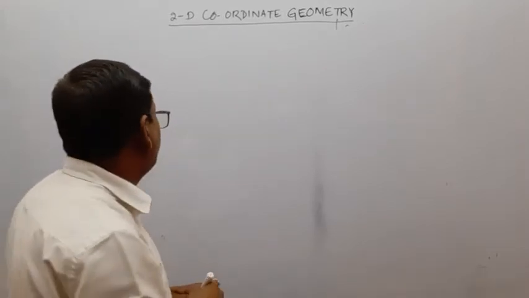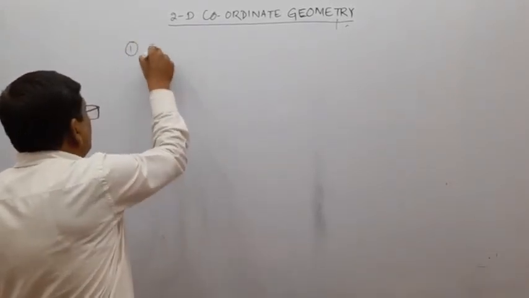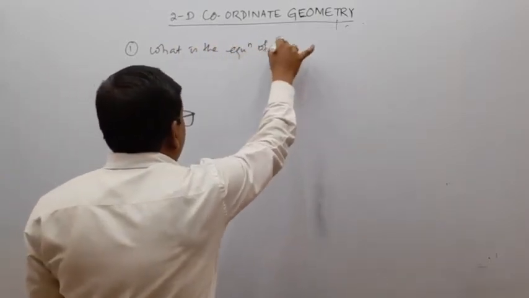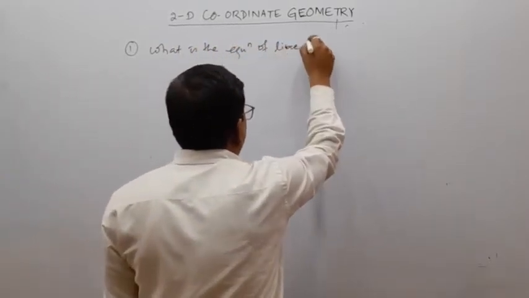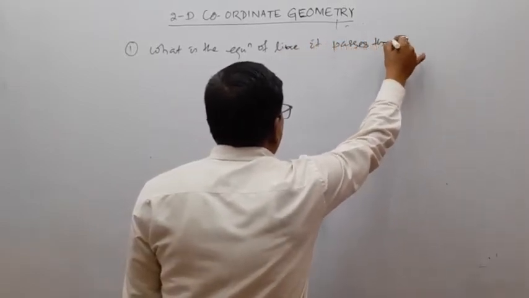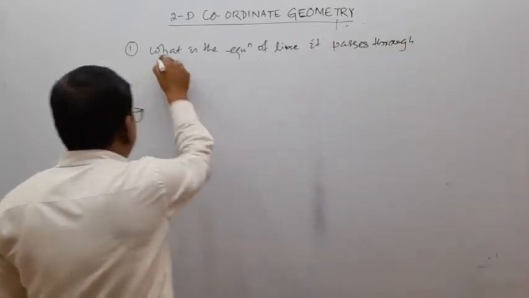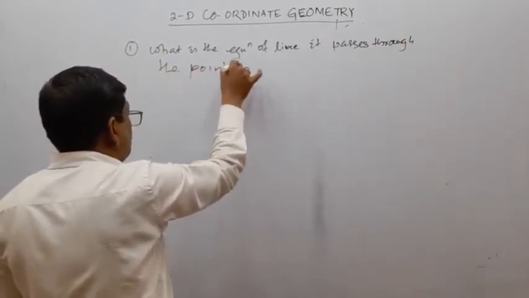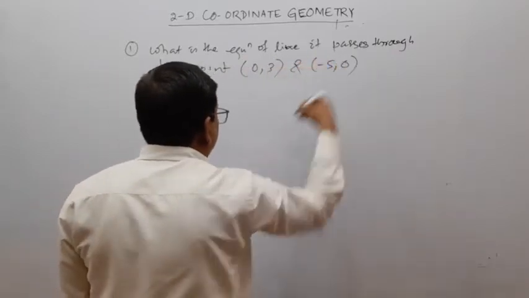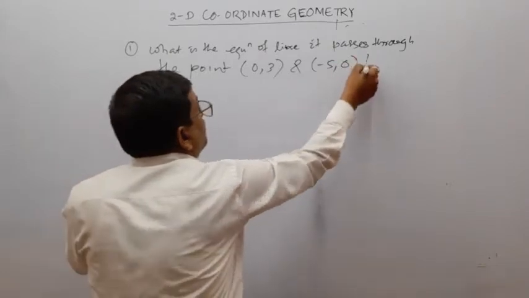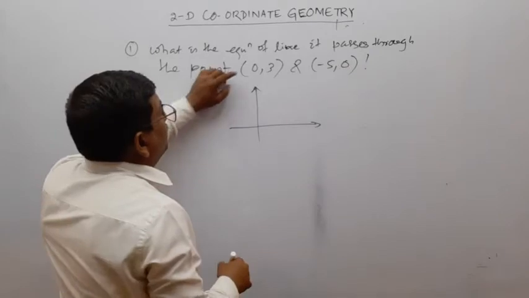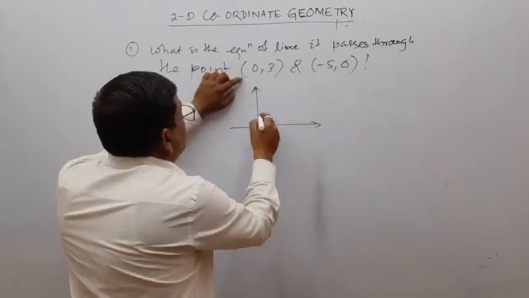Now find the equation of a line. One question: what is the equation of the line that passes through the points (0, 3) and (minus 5, 0)? Suppose this is the coordinate axis and this is (0, 3), where x is equal to 0 and y is equal to 3.